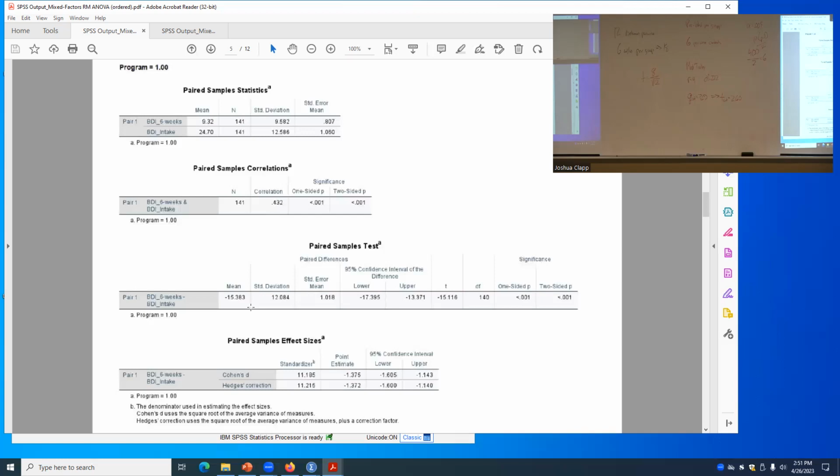So just because I like this, I'm going to select this, but a Glass's delta, if I were just reporting a point estimate, would be a perfectly good way to go.